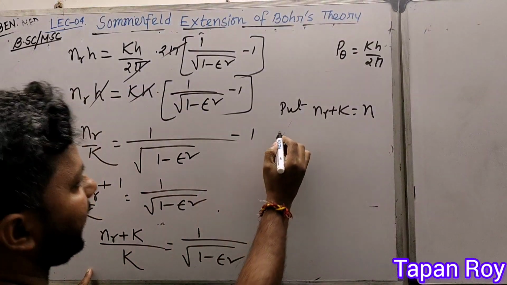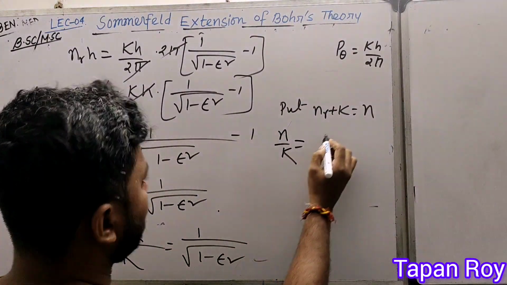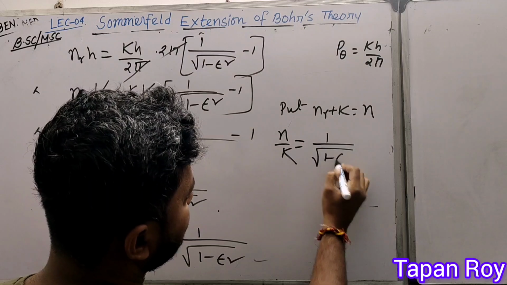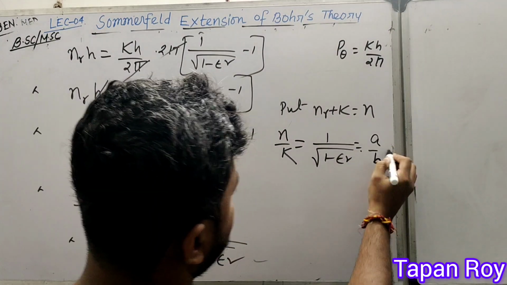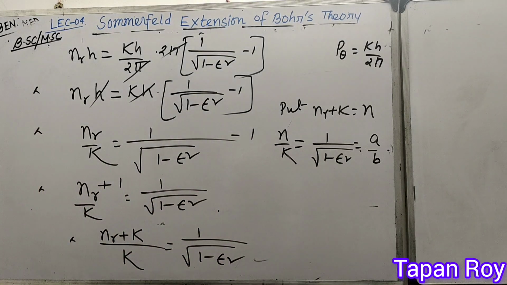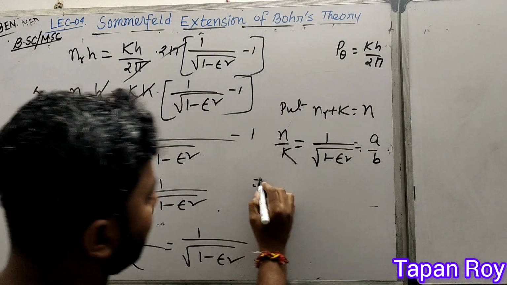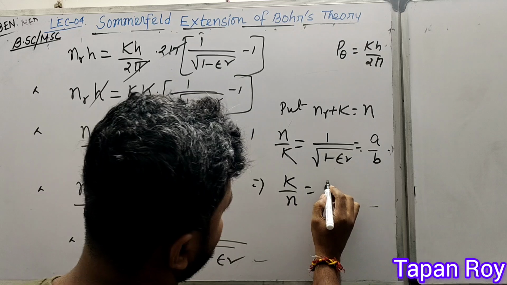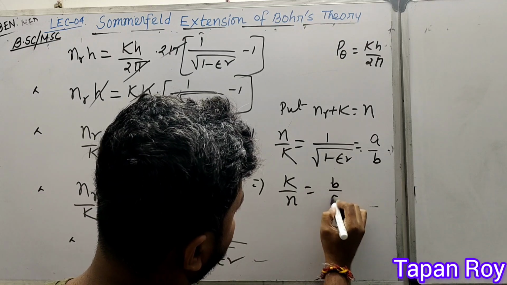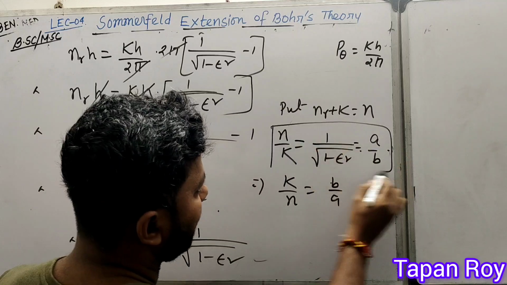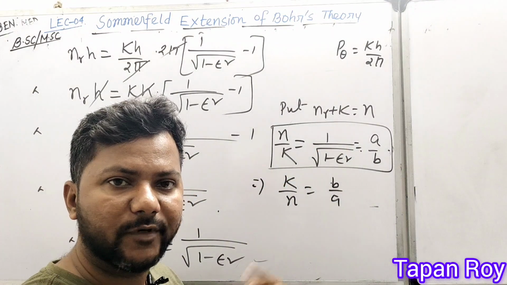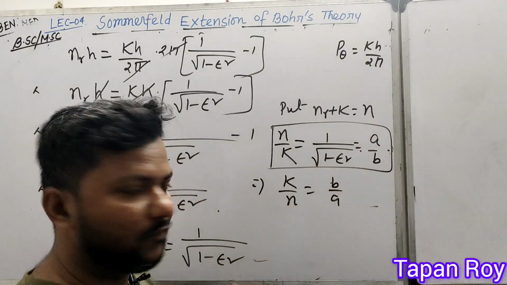So n by k is equal to 1 by square root of 1 minus epsilon square, which is equal to a by b. This is the equation. Now k by n is equal to b by a. This is the most important formula for elliptical motion.